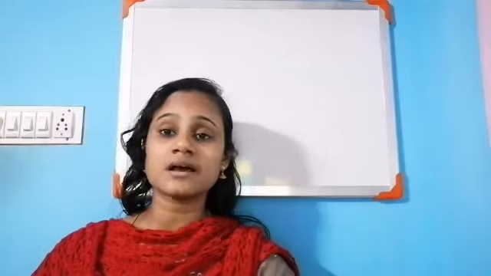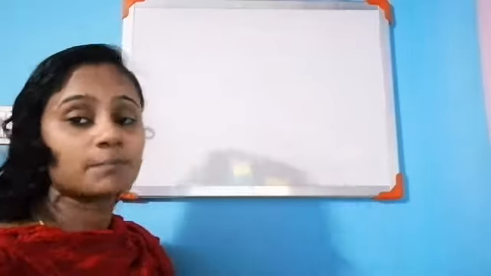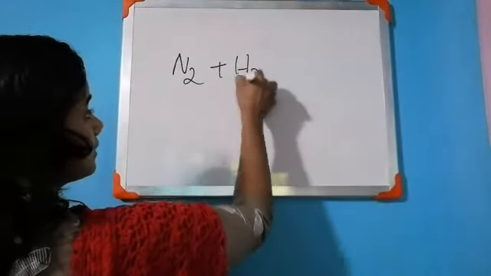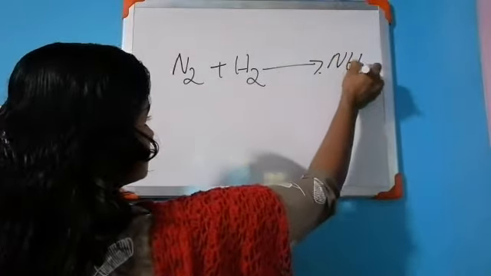The next condition is high pressure. Some chemical reactions take place when the reactants are subjected to high pressure. For example, nitrogen and hydrogen combine to form ammonia, NH3.